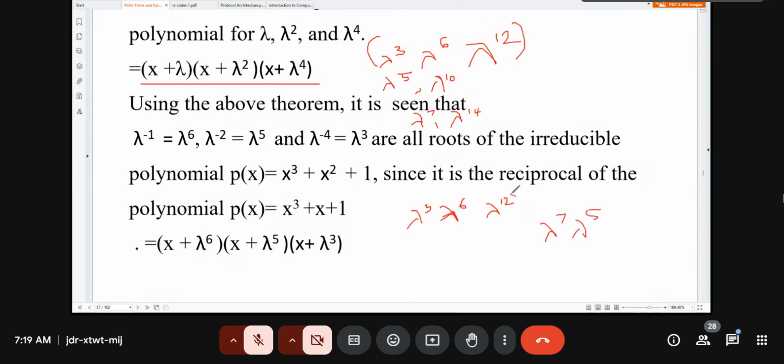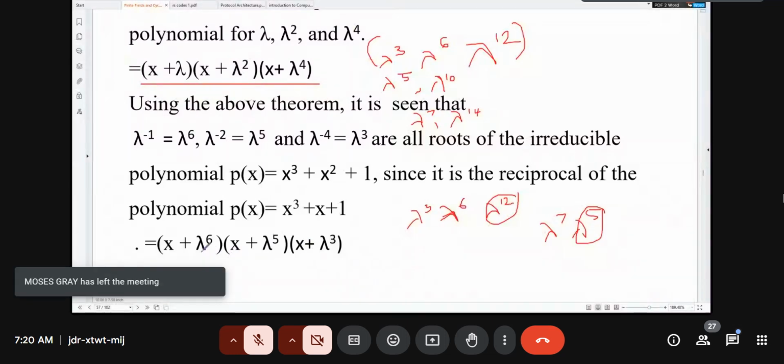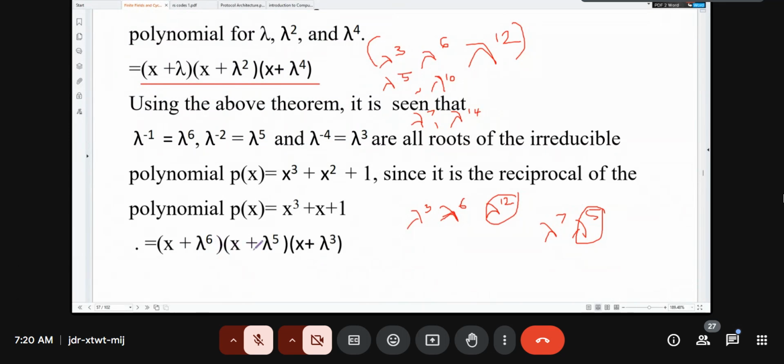So lambda to the power of 12 is the same as lambda to the power of 5. That's why to get this minimum polynomial, you see we are multiplying x plus lambda to the 6 into x plus lambda to the 5 into x plus lambda to the 3.